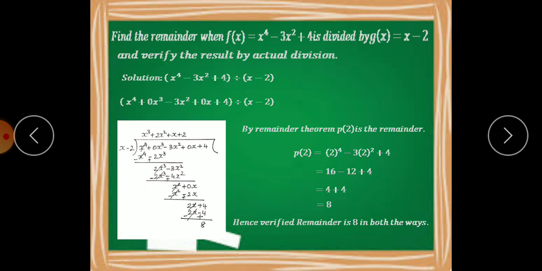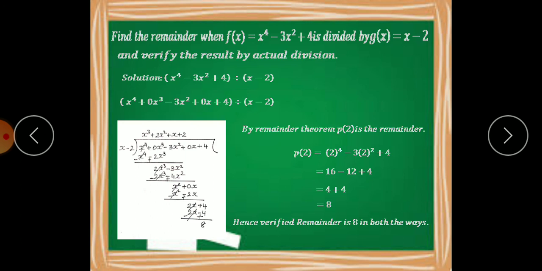Find the remainder when f(x) is equal to x power 4 minus 3x square plus 4 is divided by g(x) is equal to x minus 2, and verify the result by actual division. Here in this question he has asked you to do long division as well as the remainder theorem and see whether you get the same remainder or not.